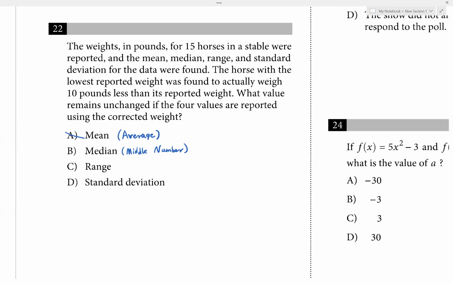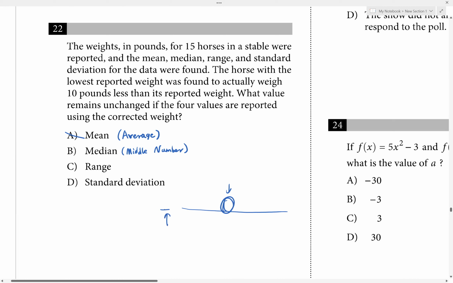Well, if you think about it, it actually won't change our median, because the weight that we're changing is already the lowest weight. So if it gets 10 less, it will still be the lowest. So it will still be the first number in the list, and all the other numbers will still be the same. So the median, somewhere in the middle, won't be affected.